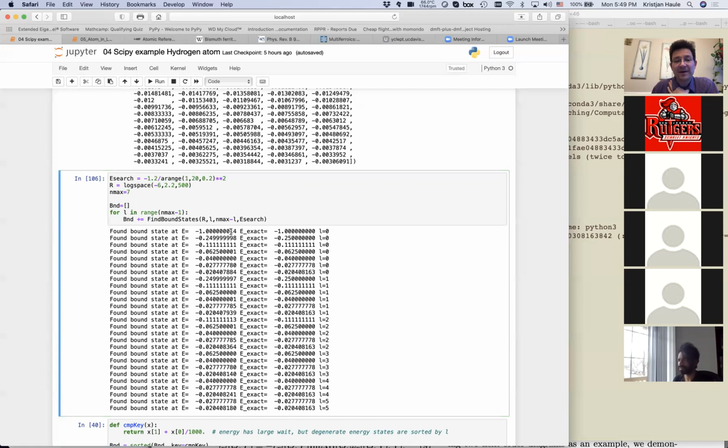This error bar is essential to get, because if we didn't, then our wave function, when we look at it very closely, is not going to go exactly to 0. So we need to use this approximate energy to make sure the wave function goes to 0, and total energy up to this precision is good enough for us.